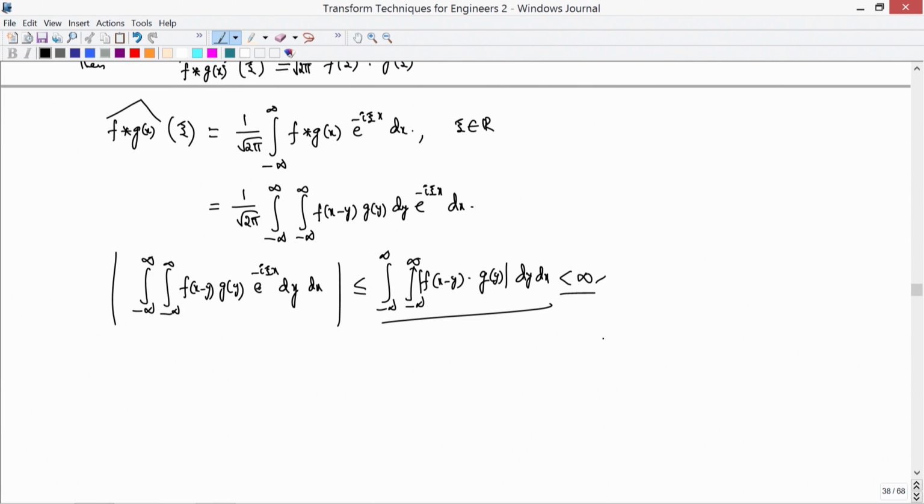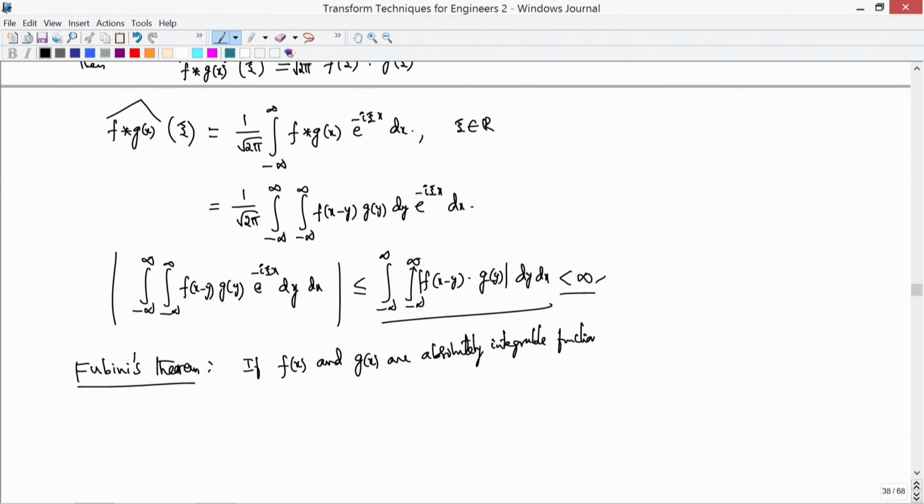So, because of this there is something called Fubini's theorem. You can just have a statement, this is very useful and important. If f of x and g of x are absolutely integrable functions on any domain, you can take a finite interval or any subset of real numbers, or the full real number set.